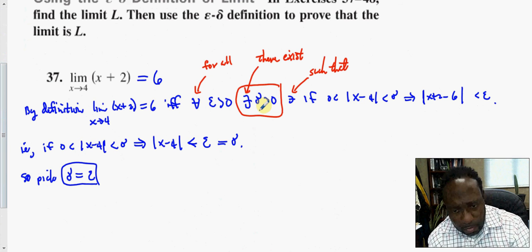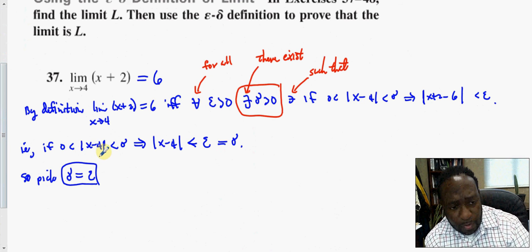Well, for this particular problem, it's very simple. It's very straightforward. I'll give you another one here that I'll make up in just a minute. Epsilon and delta come out to be the same thing because of the boundary. Remember, the absolute value is a measure. So this measure, the absolute value of x minus 4, can we contain that by some number delta?